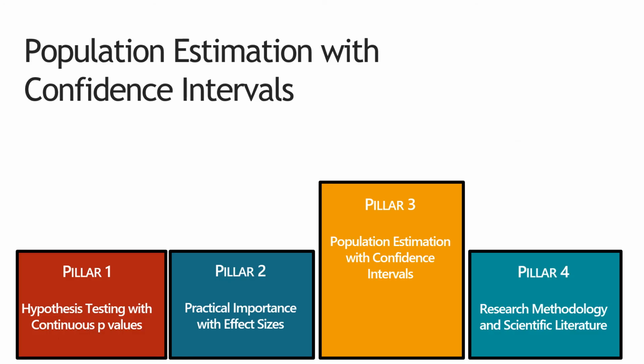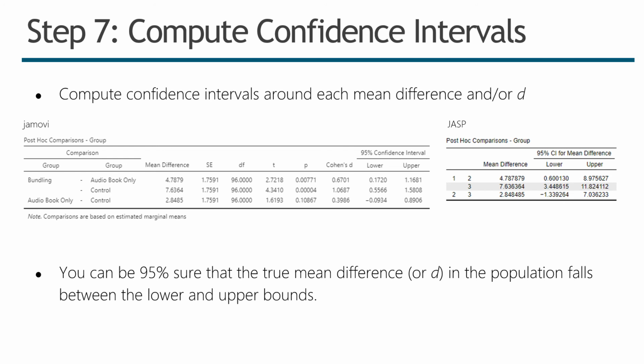So after describing the effect sizes, we're going to move on to estimating population parameters with confidence intervals. So we're focusing here on confidence intervals around each mean difference or around d. Depending on which program you're using, it may give you a confidence interval around the standardized effect size, d, or it might give you a confidence interval around the actual mean difference in raw score units.